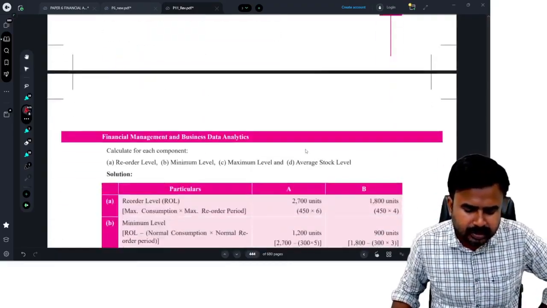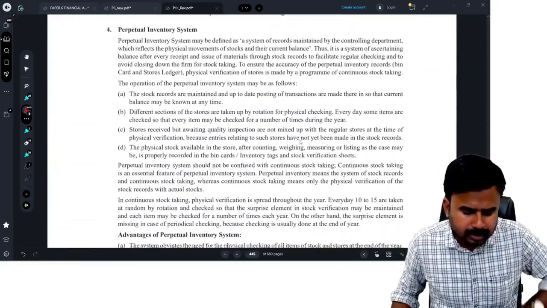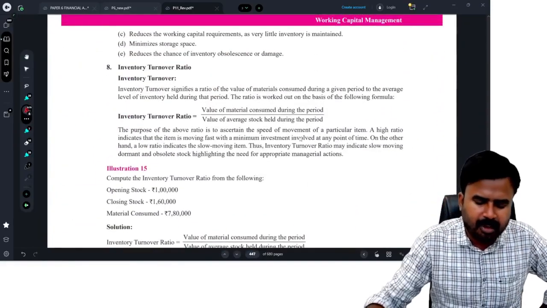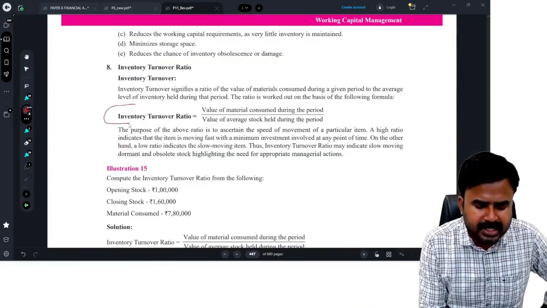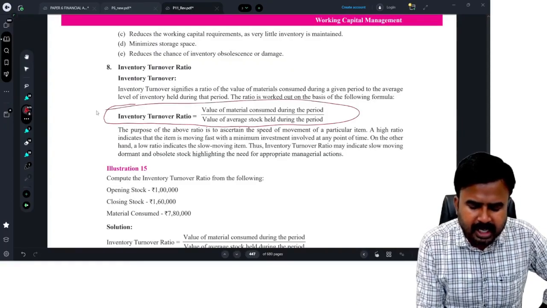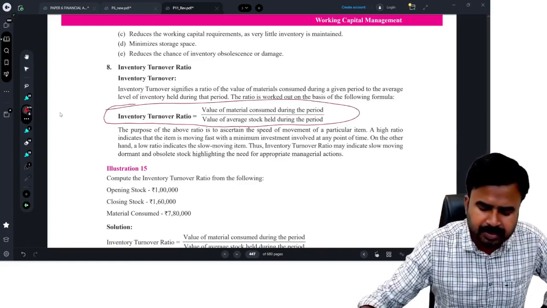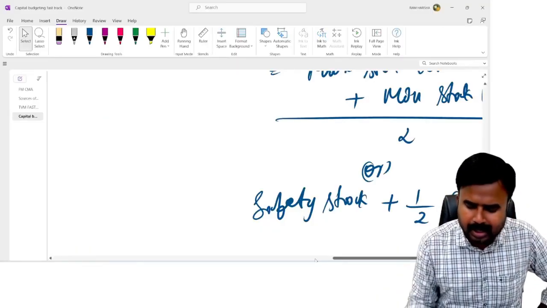And I need to give you one more formula. That's the inventory turnover ratio. Here is the formula. Inventory turnover ratio is equal to value of material consumed during the period divided by value of average stock held during the period. So let me write the formula clearly.